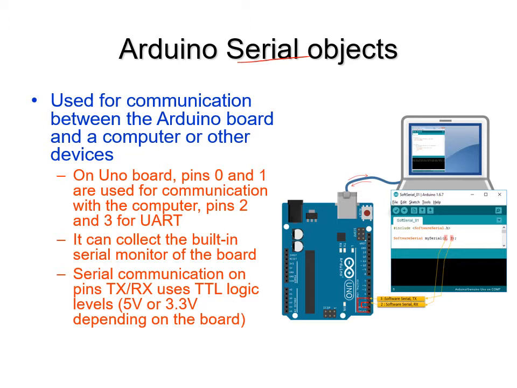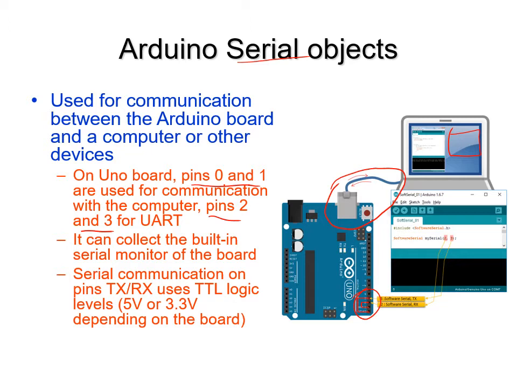We have told you that on the Uno board, we use pin 0 and pin 1 for communication with the computer, that means using the USB, just like the picture shown. And you can separately use serial ports using pin 2 and pin 3. They are known as the UARTs. You can connect to the built-in serial monitor of the board, so that you can output data from the serial port on your computer.